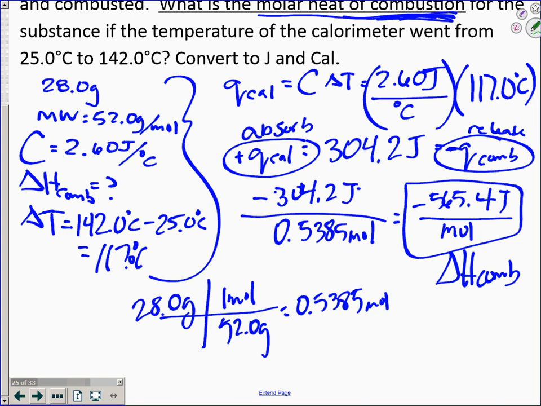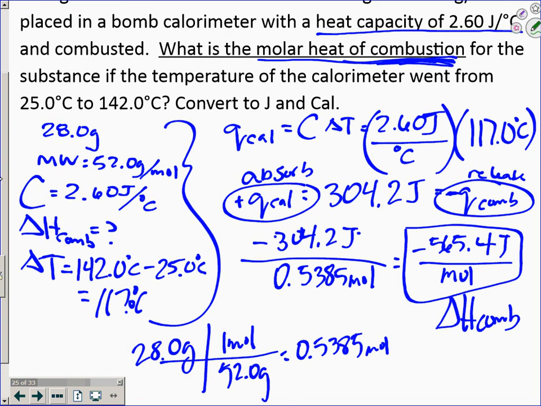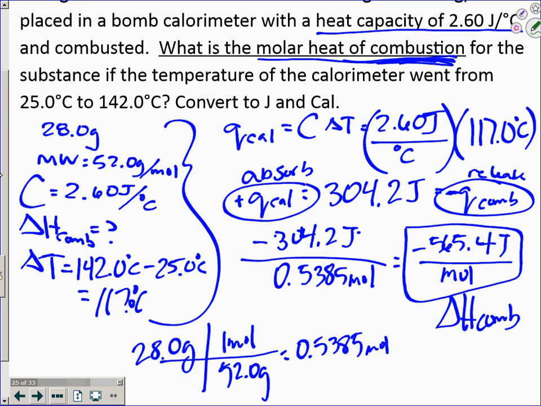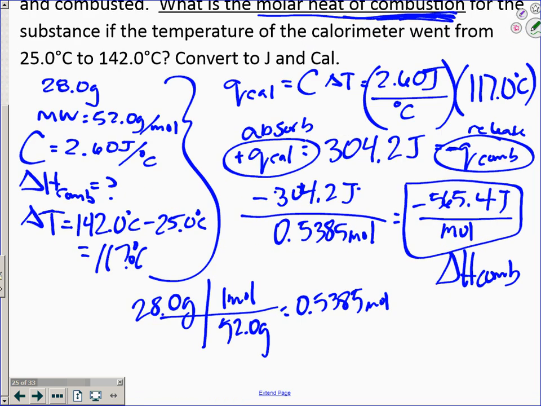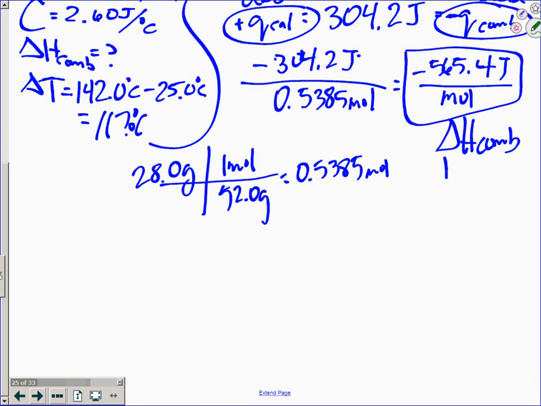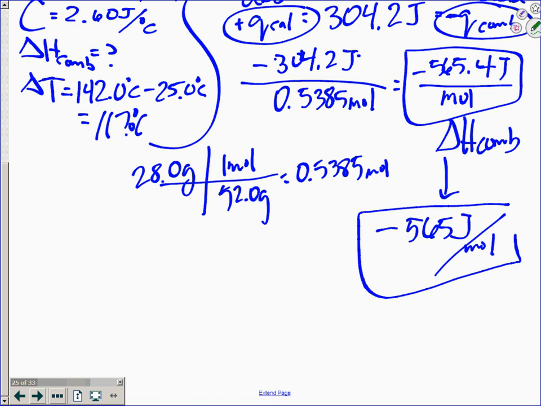Combustion. All right, and then how many sig figs should this have? 3. So then this should be what? Negative 556 joules per mole, and that's delta H. Okay, and if I want to convert this to calories, what do I have to do?